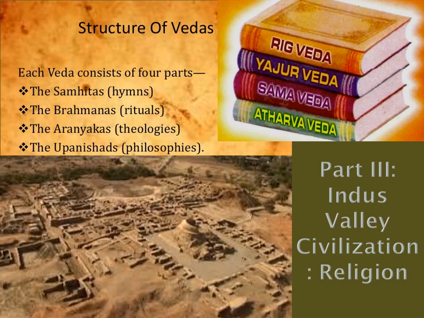Now, what are the sources that we use to understand the religion of the Indus Valley civilization and the Aryan civilization? Well, there are two major sources. The first major source is to look at the archaeological discoveries at Mohenjo-daro and Harappa for the Indus Valley civilization.